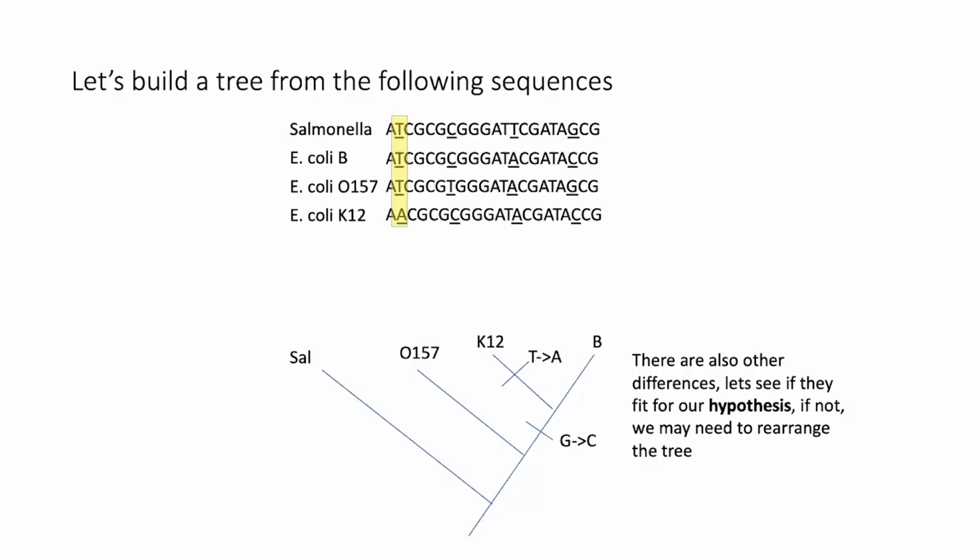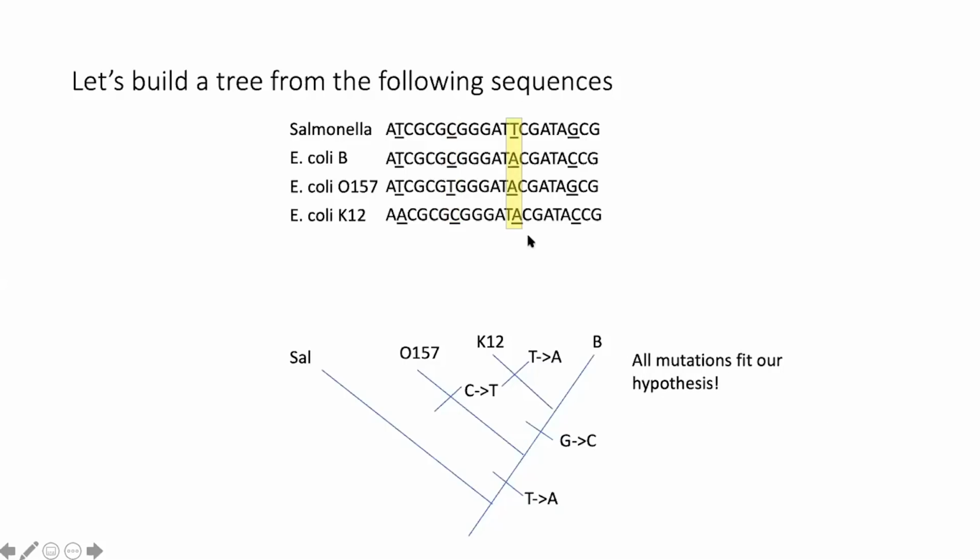Then we can walk through the tree and see whether these mutations make sense when we add them in. The only strain that varies at this site is K12, so we can put our mutation on the tree right there for K12. Here, the only strain that varies at this site is O157, which has a T. So we can say there's a C to a T change that happens somewhere on this branch here.